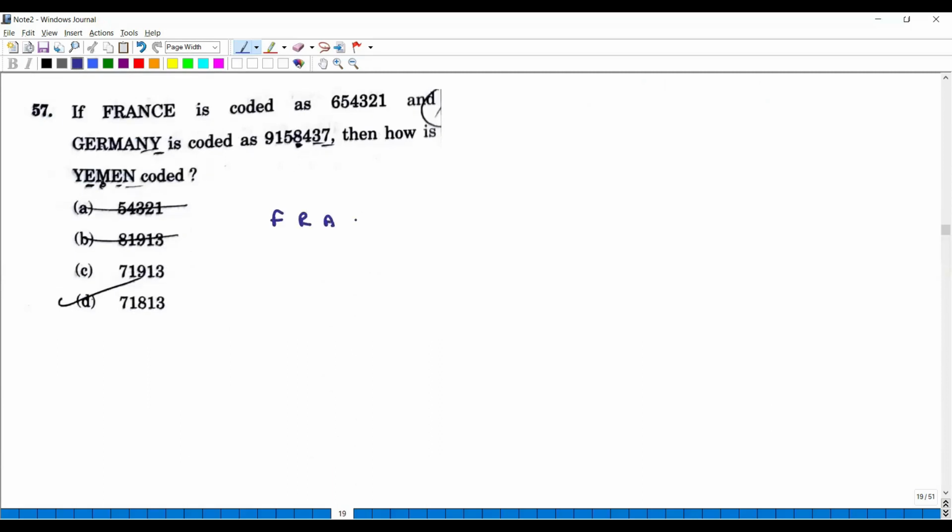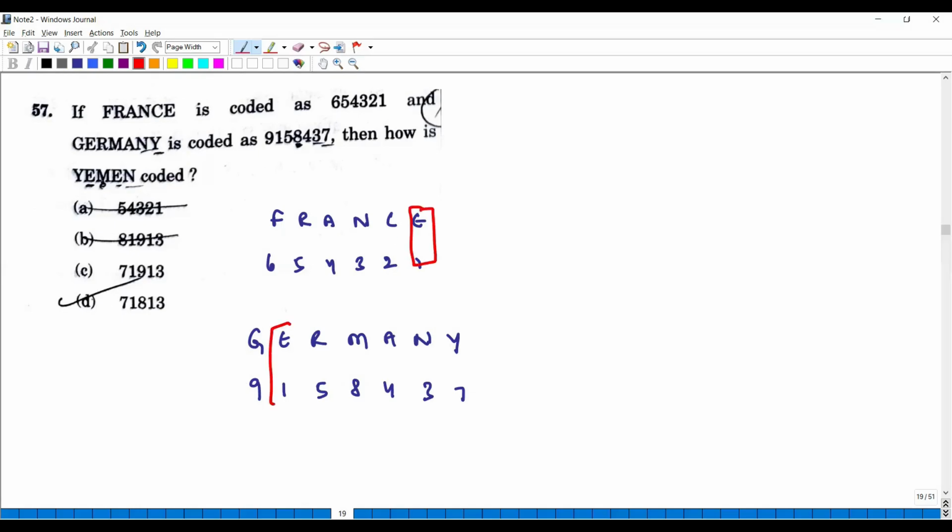France is coded as 654321 and Germany is coded as 9158437. See here, E, if you look at it, is 1. So you call it a direct coding.